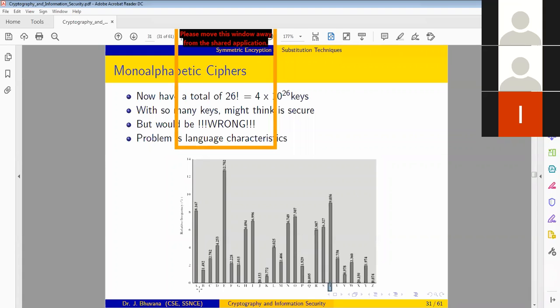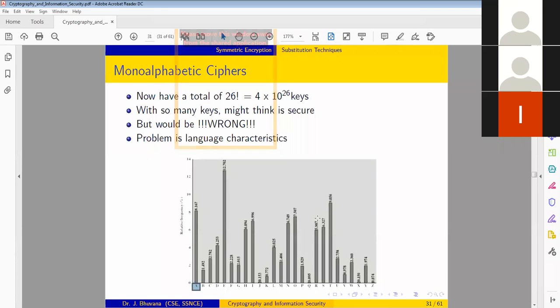In the same way, A comes in the third place, and if you keep on looking at that histogram, you can see the frequency of occurrences, how frequently these characters can occur in English text.